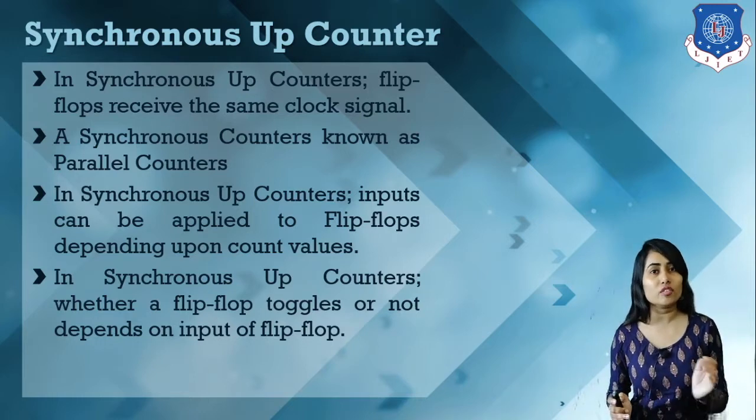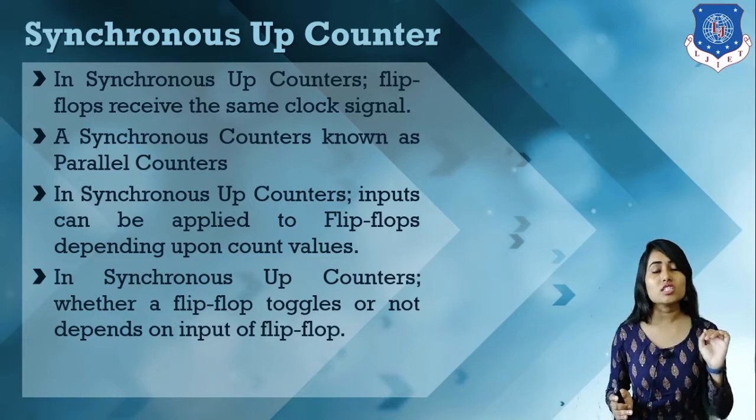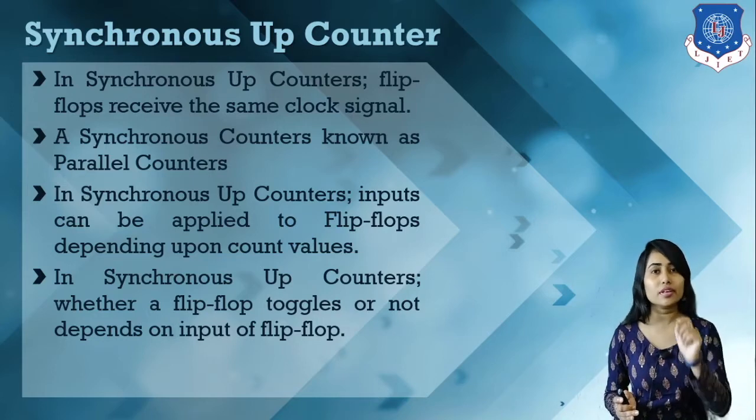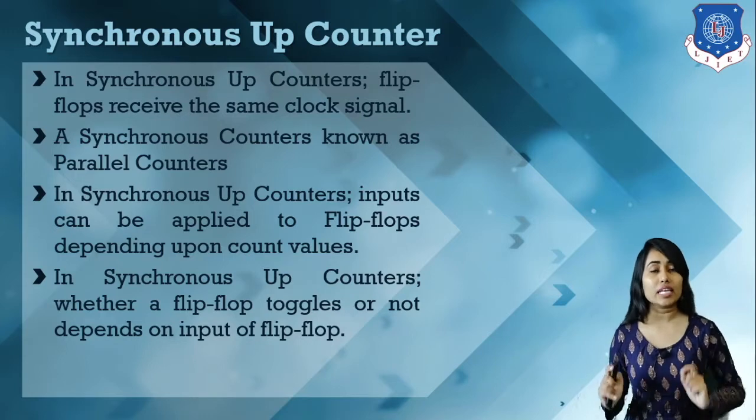So here we can decide the input of flip-flops, but we have a fixed external clock signal for all the flip-flops. Remember, in a synchronous counter we have to apply our input to the flip-flops for counting.